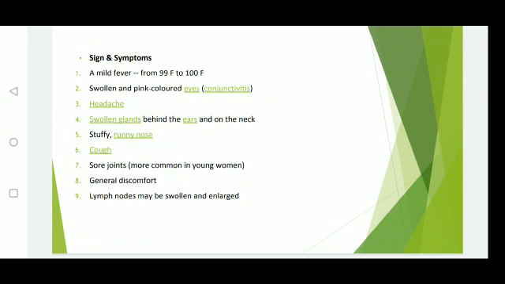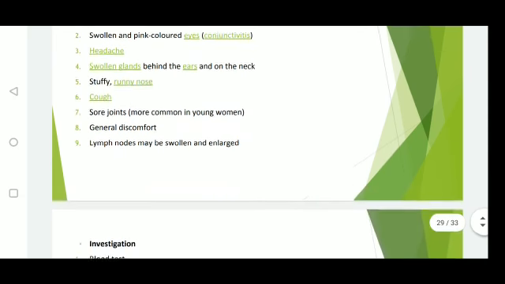Then lymph node enlargement, which we can identify during physical examination as swollen glands behind the ears or on the neck. Then stuffy and running nose. Then cough, sore joints, especially in young women, and general discomfort.